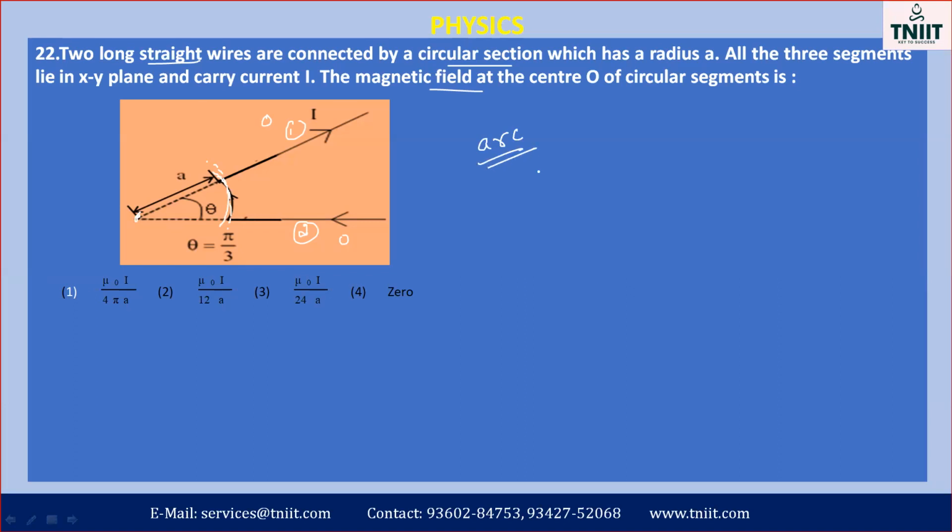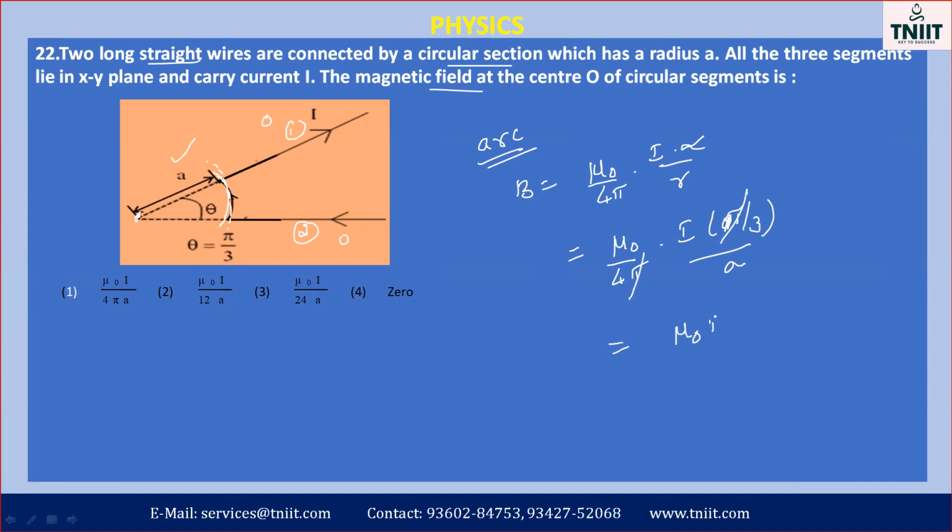You know that for an arc, the magnetic field is given by the formula mu naught by 4 pi into I into alpha divided by the radius. So mu naught by 4 pi, current can be taken as I, alpha angle is given as pi by 3, and radius is A. So you can cancel pi and pi.